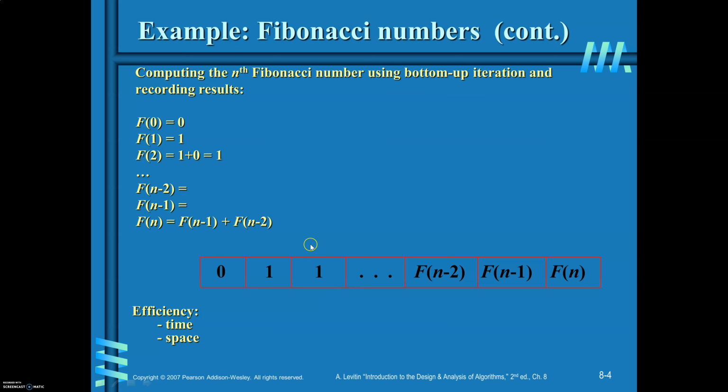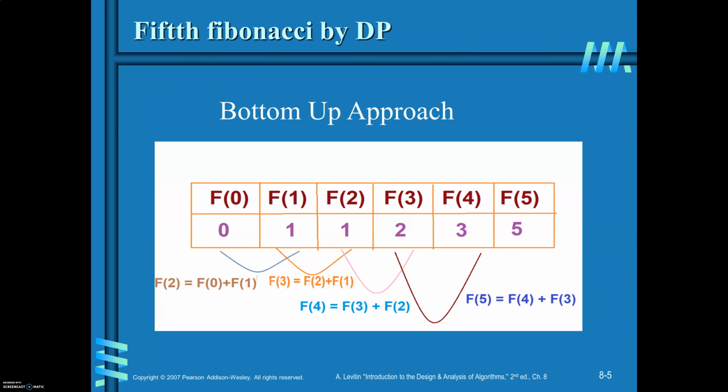With that, you will be getting the solution for the larger instance. So you can avoid solving the subinstances more than once. So we'll see how this fifth Fibonacci number can be found by dynamic programming approach.